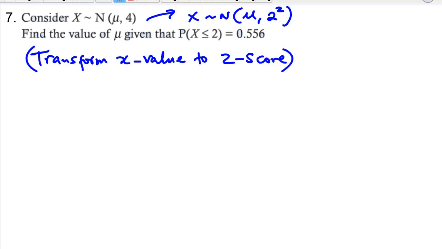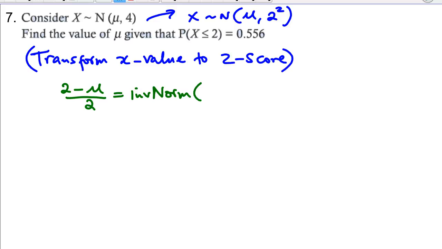Okay, if we do that, we'll end up with an equation that can help us to find what the mean is. So if we transform that, we'll have our X value, which is 2, minus the mean divided by the standard deviation, which happens to be 2, will be equal to inverse normal.